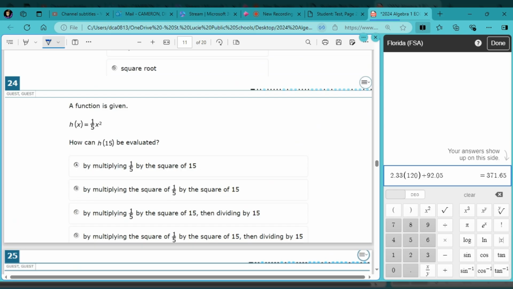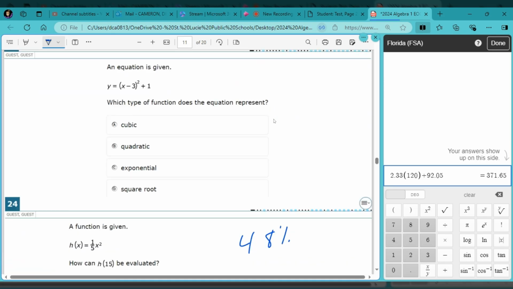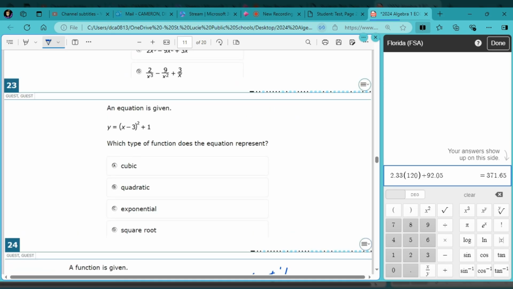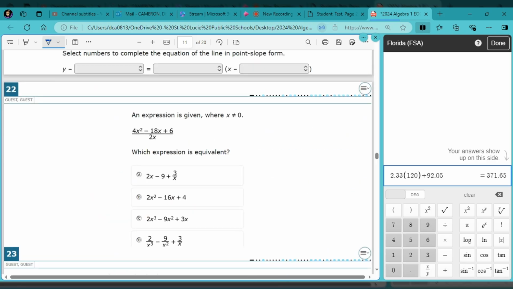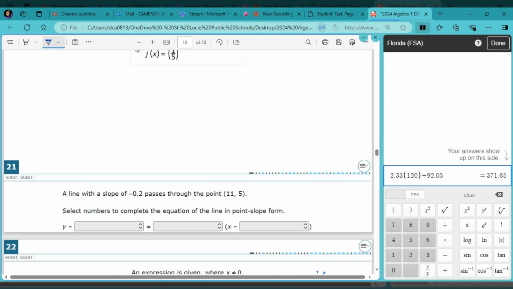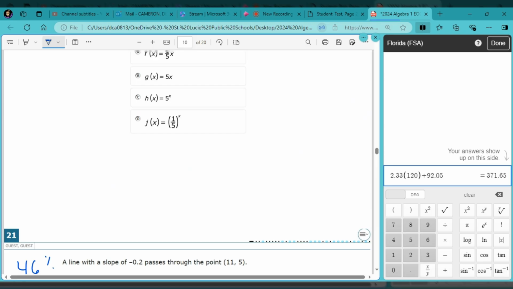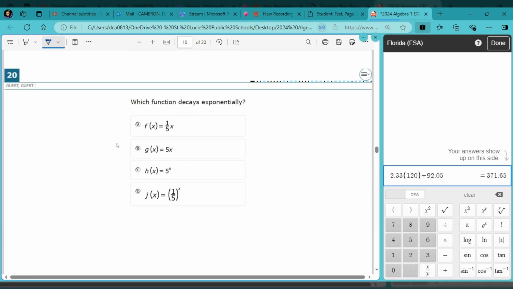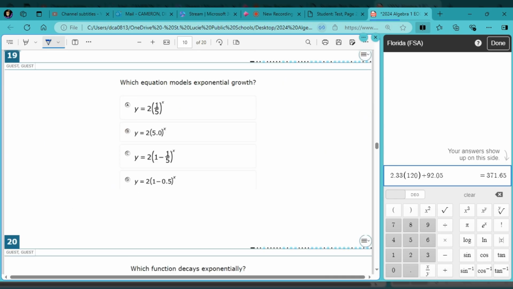Number 24 was 48%. Number 23 was 51%. Number 22 was 45%. Number 21 was only 46%. That definitely should have been higher. Number 20 was 47%, while number 19 was 58%.